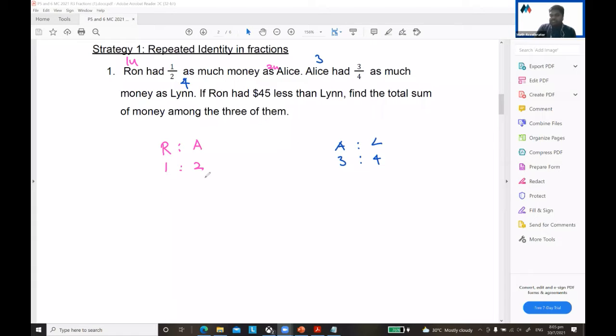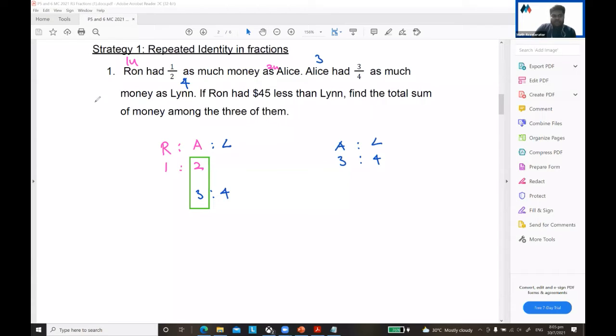You see this purple one here that's written, you're going to write is to Lynn. So this is 3 is to 4. How are you going to make Alice the same?